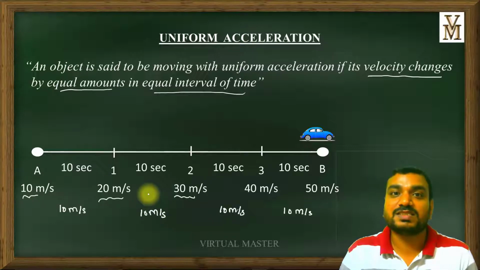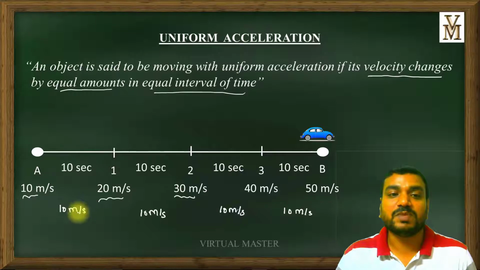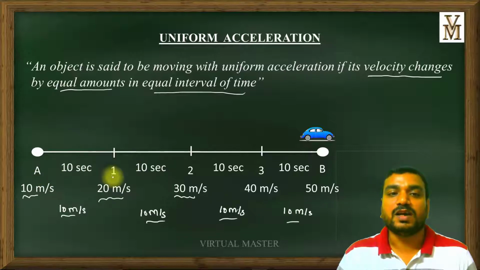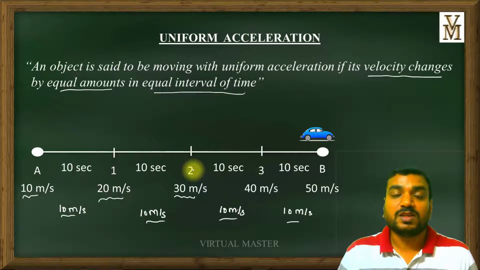So the car is changing its velocity by equal amounts, 10 meter per second, and the car is taking 10 seconds to move from point A to point 1 and 10 seconds to move from point 1 to point 2. So the velocity of the car is changing in equal amounts in equal intervals of time.